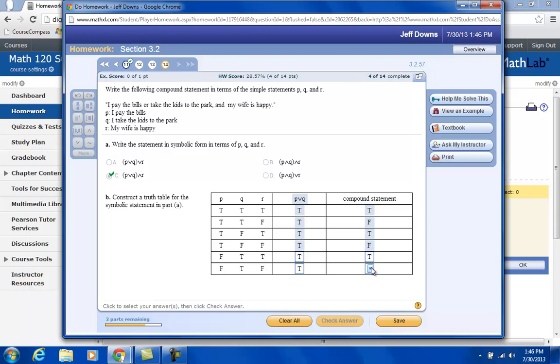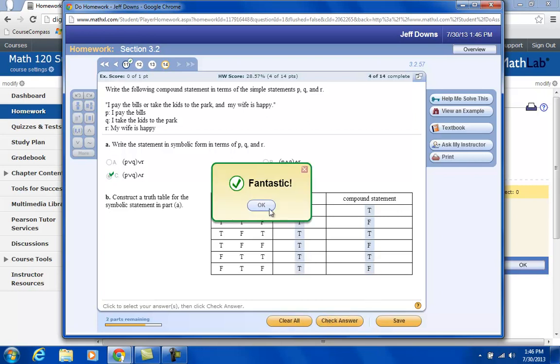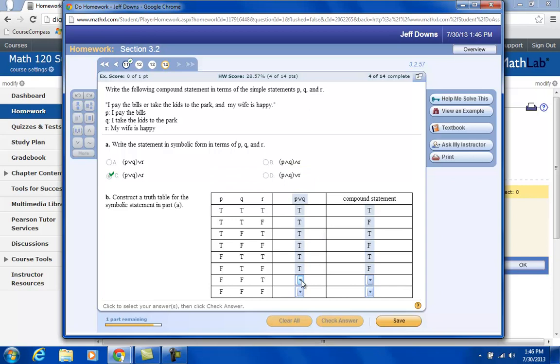True and false is false. Okay, last part. We have false or false, the first part's false. And then it's false and true, so it's false. False and false, so it's still false.